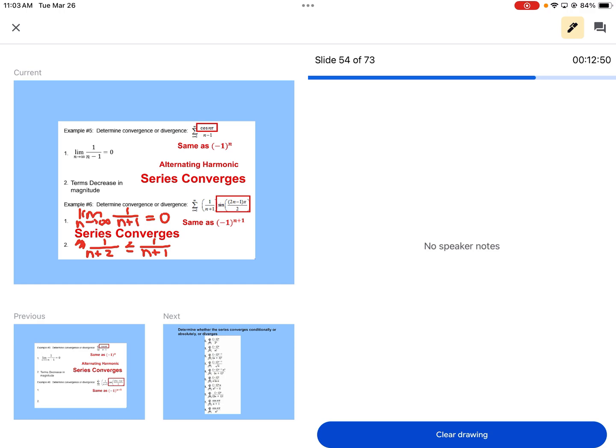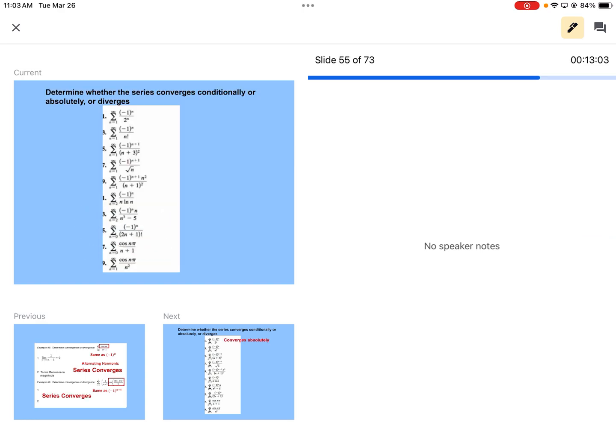Now, to practice our idea of converges conditionally or converges absolutely, and hopefully I don't screw this part up, let's just look at this set, which is not in your notes. Take a look at question 1. How do I tell if this converges absolutely or conditionally?